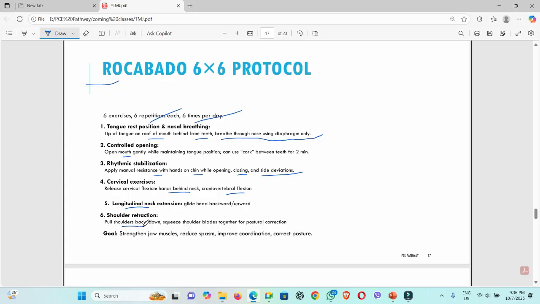Pull shoulder back, down, squeeze shoulder blades together for postural correction. Goal is to strengthen jaw muscles, reduce spasm, improve coordination, correct posture. If this could be the scientist's name, he must have discovered this Rocabado 6x6 protocol.